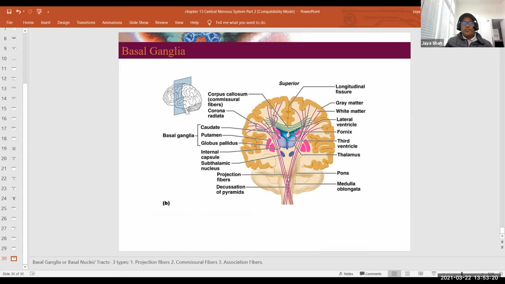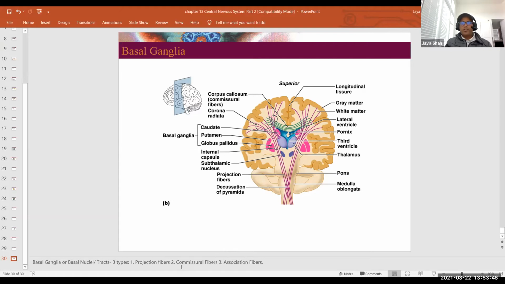Like from the brain stem or the spinal cord, when it comes to the medulla oblongata, it crosses and goes to the other side. You see, this is called the internal capsule, the bundle of fibers. And that is one example of projection fibers, coming from the spinal cord and going to the cerebrum.